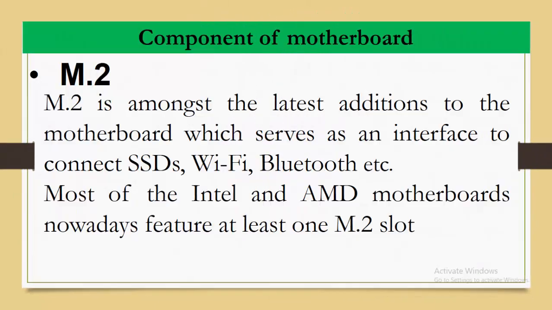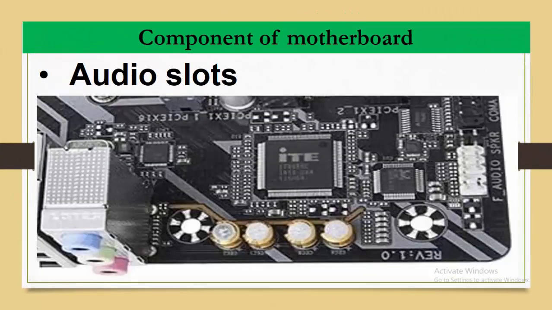Okay, students, the next one is audio slots. Every motherboard has a dedicated audio section near the audio jacks at the input-outputs. It can generally be identified by a PCB circuit line inside, where there are several capacitors.